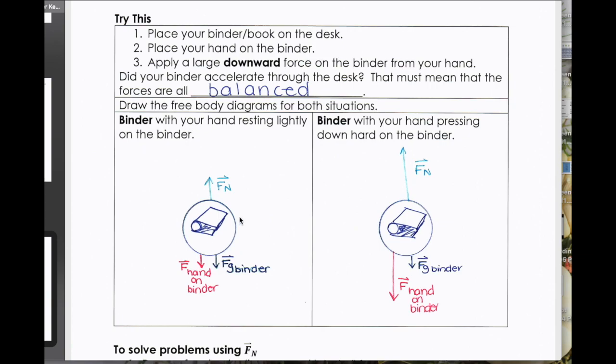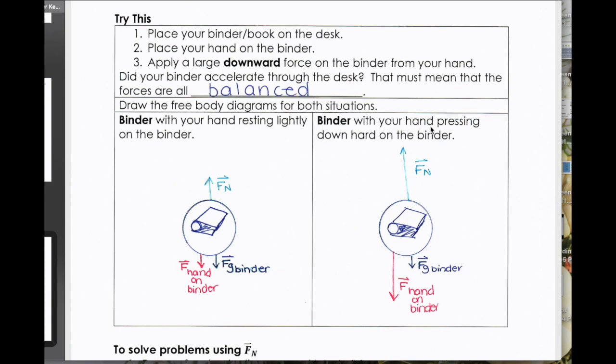If you have your hand lightly resting on the book, the forces being applied to the book are, one, gravity, and also the light force of your hand resting on the book. If we add these two together, they're going to be equal but in the opposite direction of the normal force.